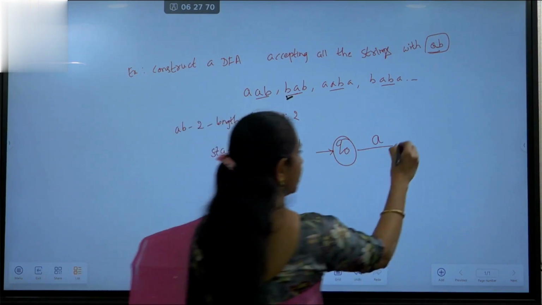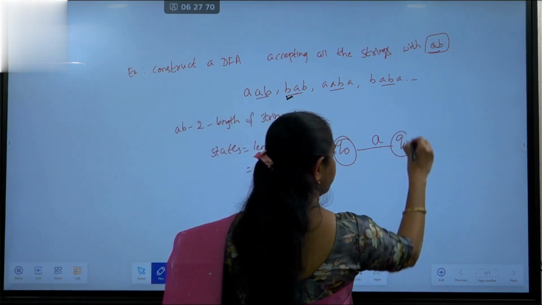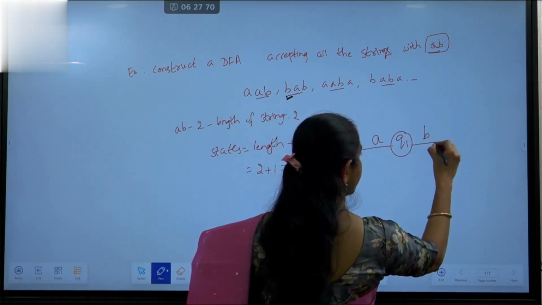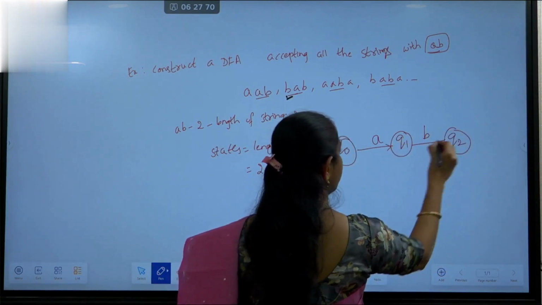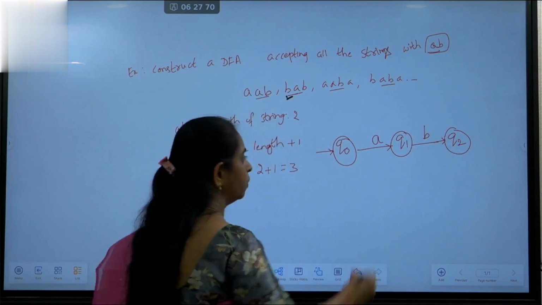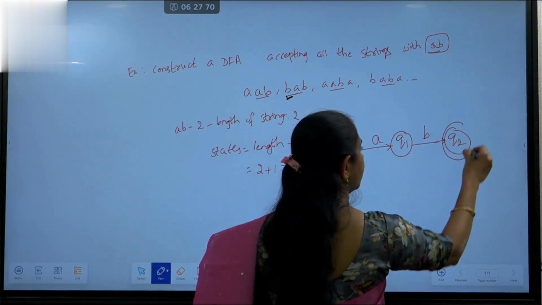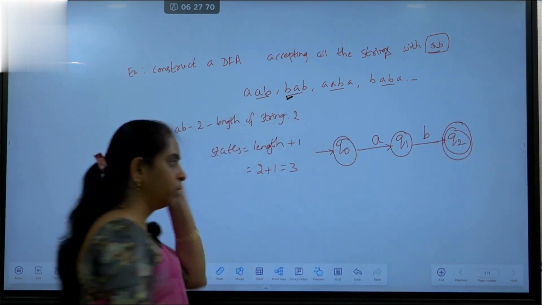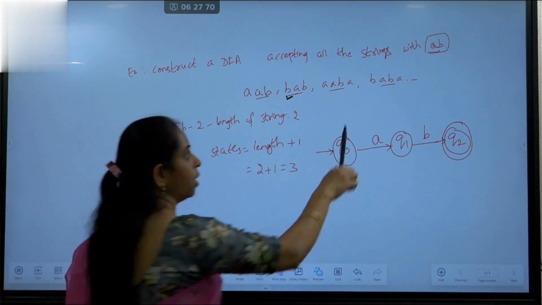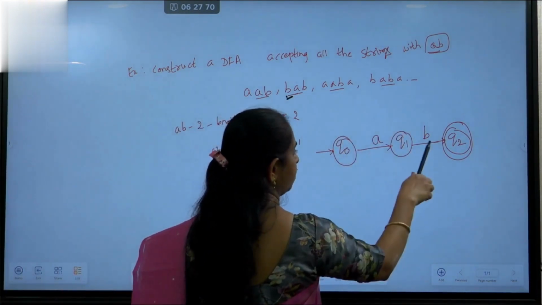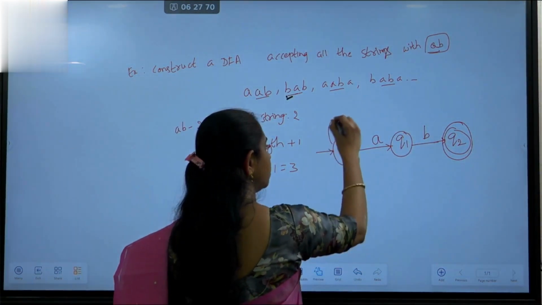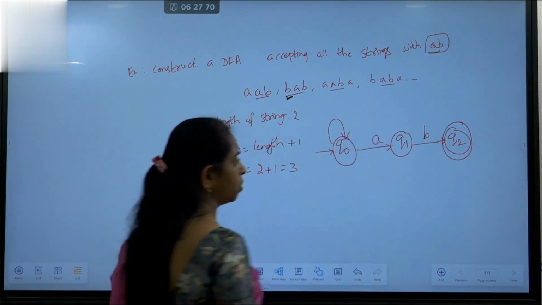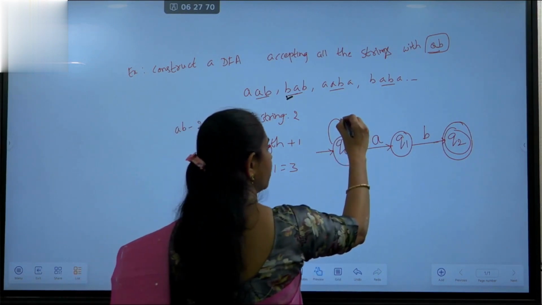First I am taking it as A, next taking it as B. So we have to end this with AB. The condition is accepting all the strings with AB. Maybe it starts with A or B, so no need of any other condition.